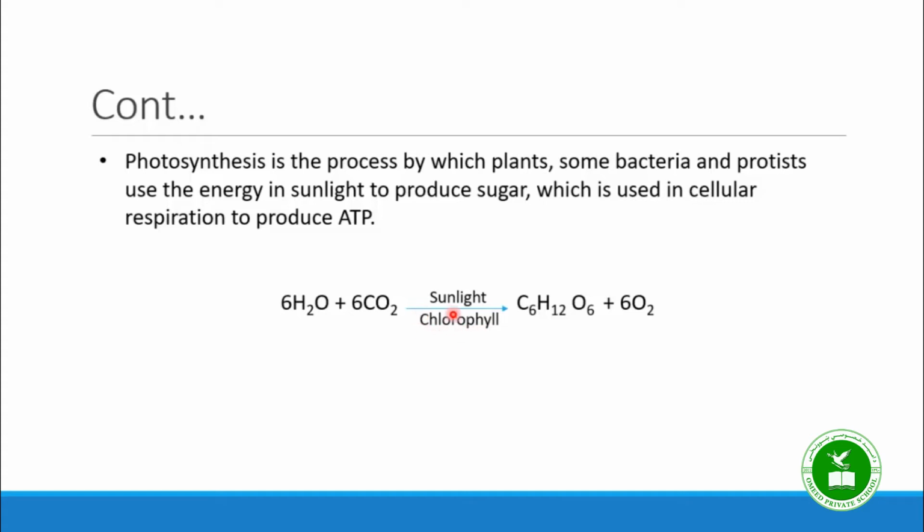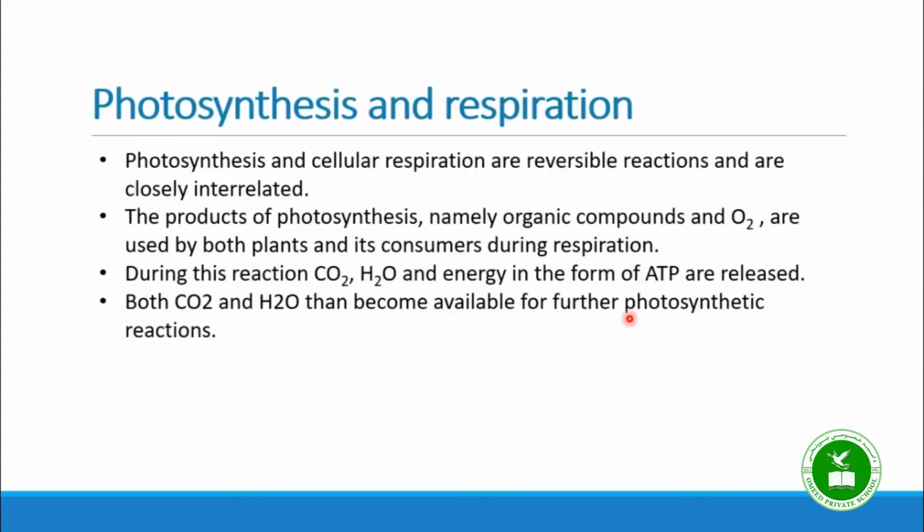So chlorophyll is an essential factor, and so is sunlight. When all these come together, they produce sugar and oxygen molecules. These sugar molecules are used to produce ATP in cellular respiration, and the oxygen is released to the environment.